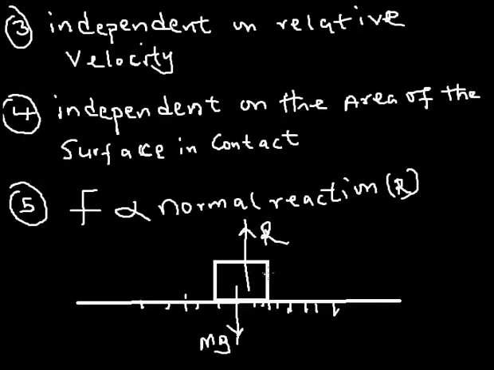So invariably, the frictional force is proportional to the normal reaction. The more the normal reaction of the surface, the more frictional force there is. So let's write that as a formula. Frictional force is directly proportional to the normal reaction of the surface.